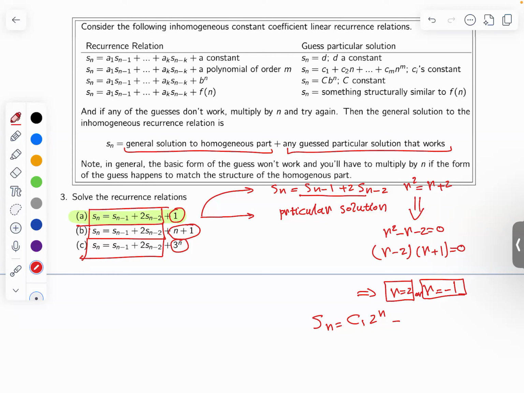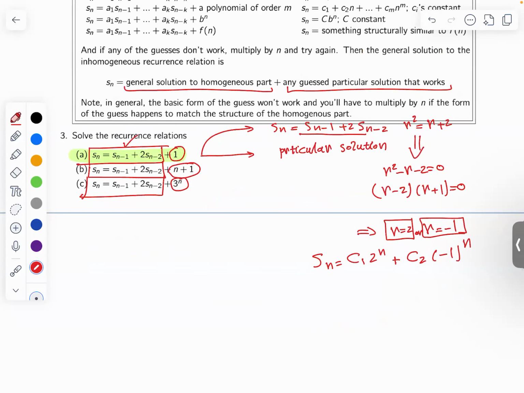Yeah, excellent. And also, do you see that the homogeneous parts of these are the same? We have to solve just one time, then we will copy. Look, this will be C2 minus 1 power n for this part.